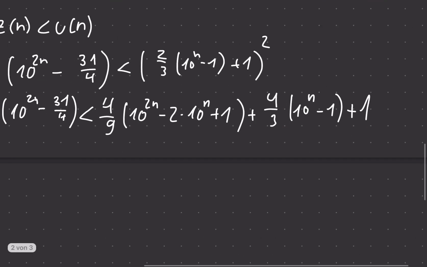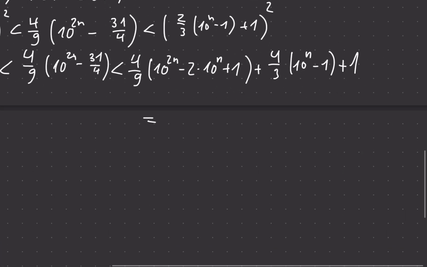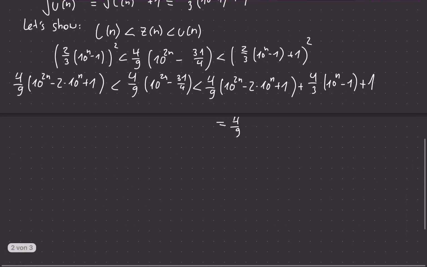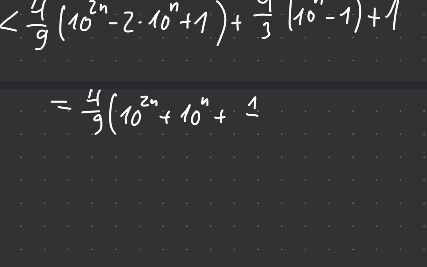And yes, so let's simplify this. This is then, by factoring out 4/9, because I wanted to divide the 4/9 from all sides, this times 10 to the 2n plus 10 to the n plus 1/4.